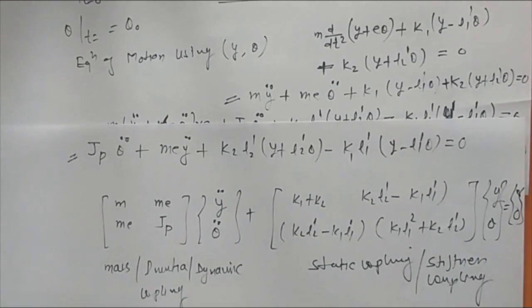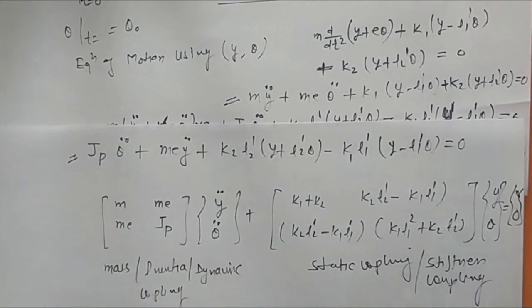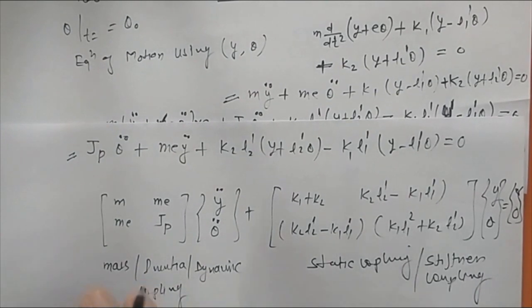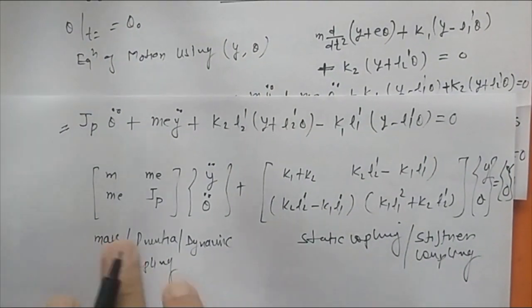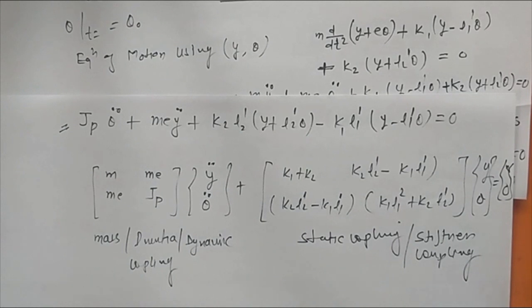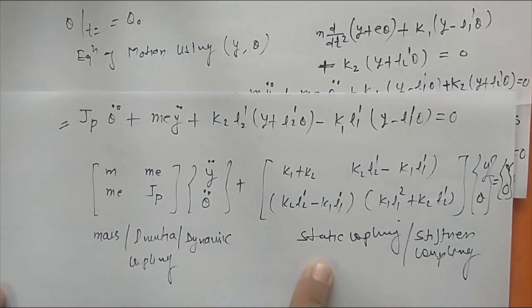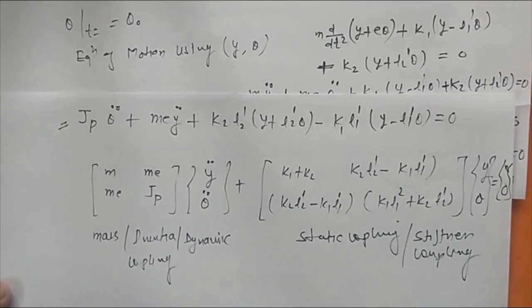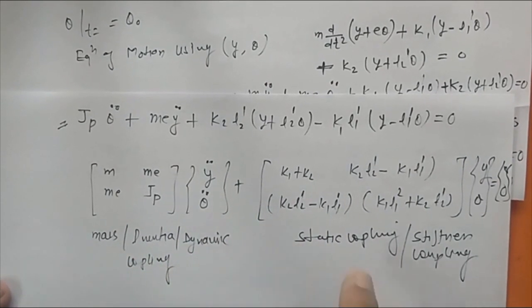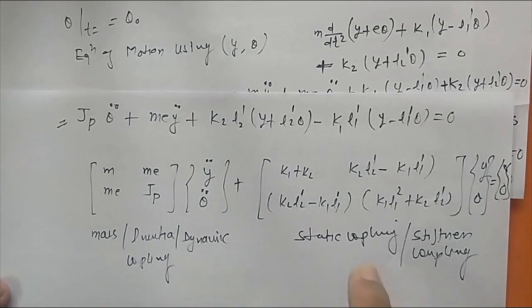So now we can observe, if we just change the set of coordinates, there is a change in coupling, because in the first set of coordinates there was no dynamic coupling, there was only static coupling, but as we change the choice of coordinates there would be both couplings, dynamic as well as static coupling.